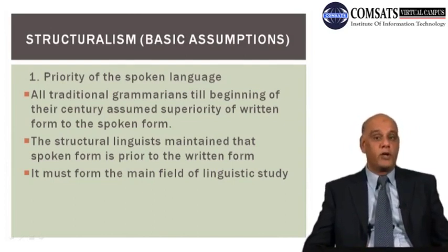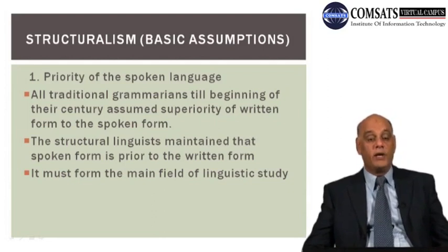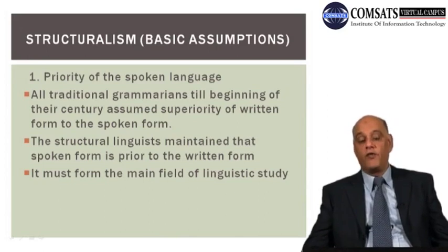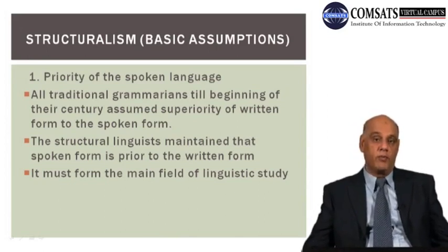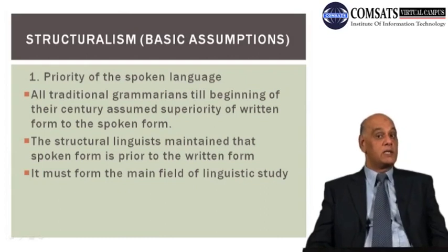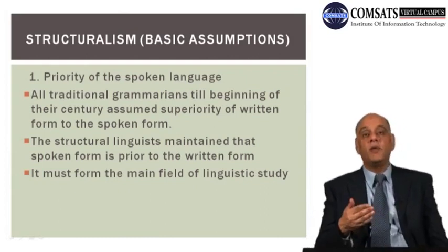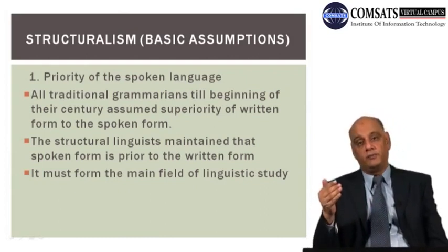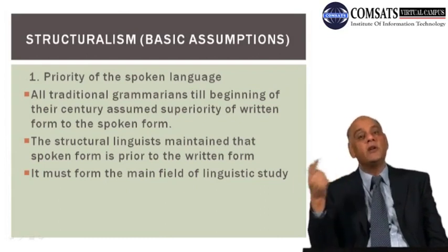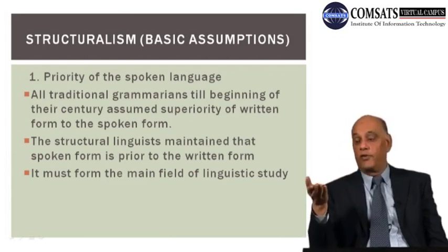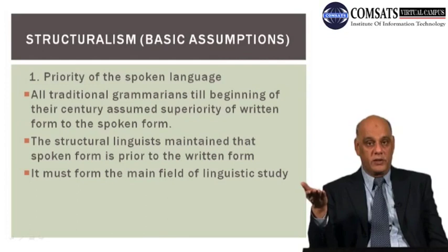The first one we talk about is the priority of the spoken language. All the traditional grammarians till the beginning of this century assumed the superiority of the written form to the spoken form. As we discussed earlier, structuralism was opposed to traditional grammar. The traditional grammarians said that written speech was the most important.